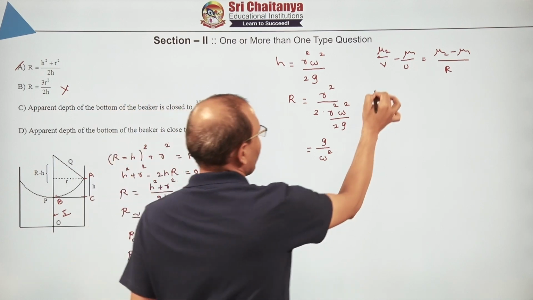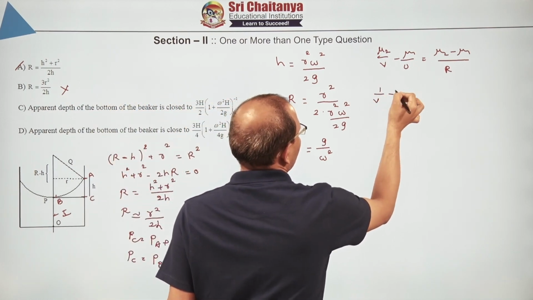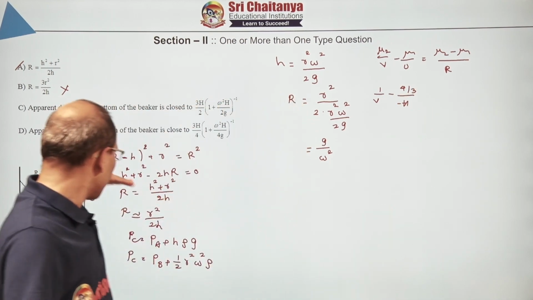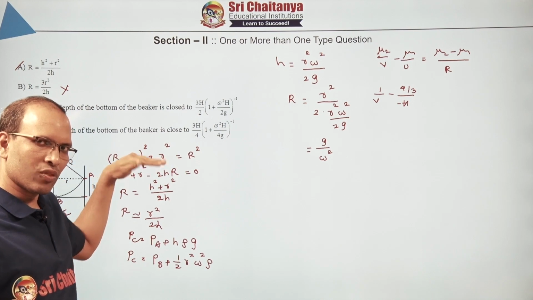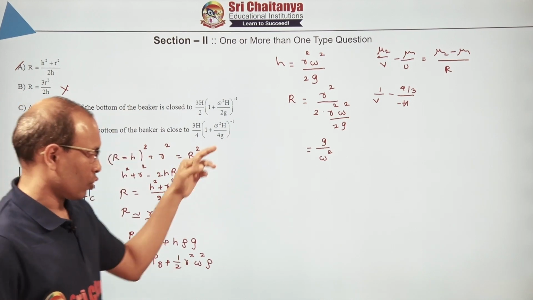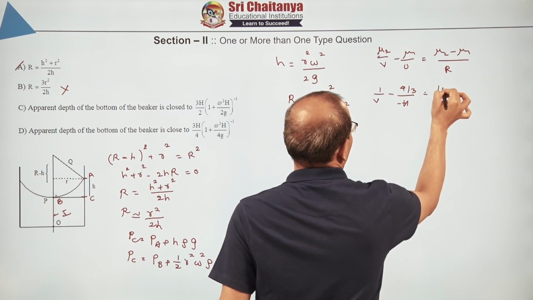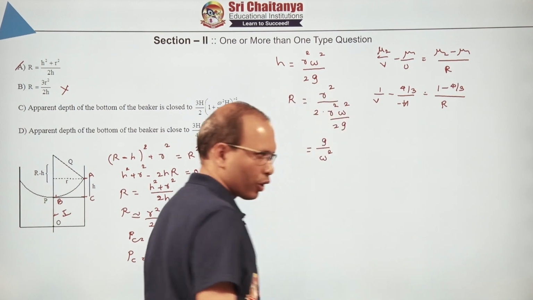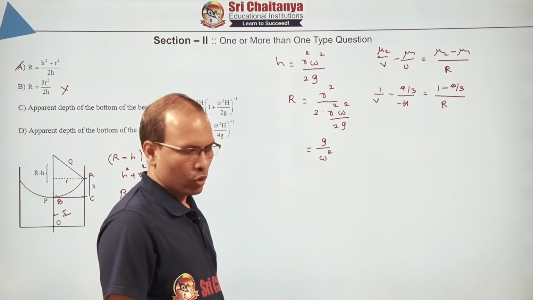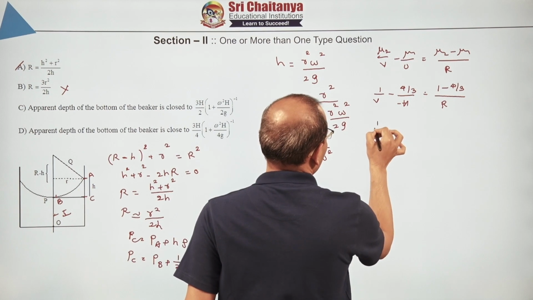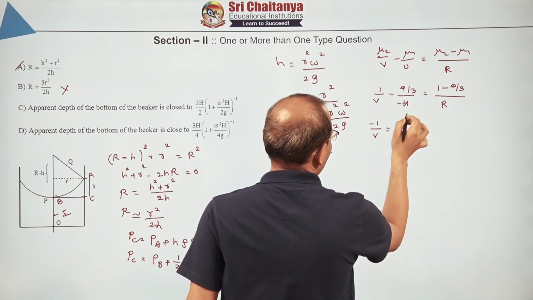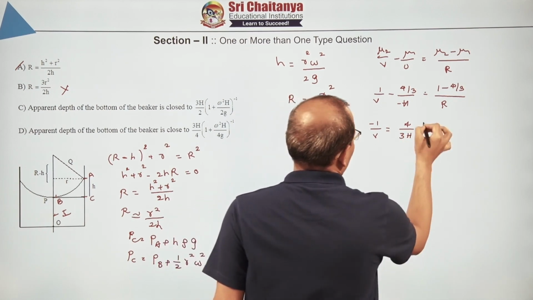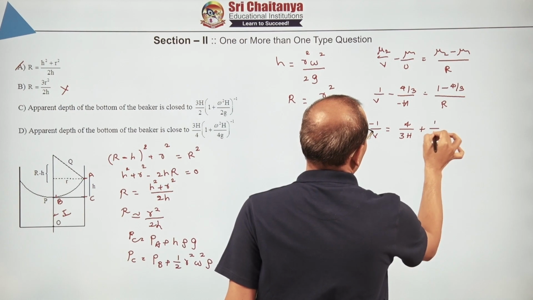So 1 by V minus 4 by 3 U. U is minus H, because below the reference line or below the refracting surface we take negative, above we take positive. So minus H is 1 minus 4 by 3 by R. R is positive because it is concave up. So when you simplify it, you get 1 by V or minus 1 by V equal to 4 by 3H plus 1 by 3R.